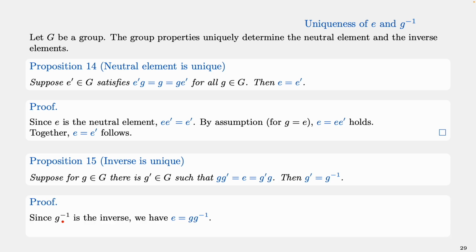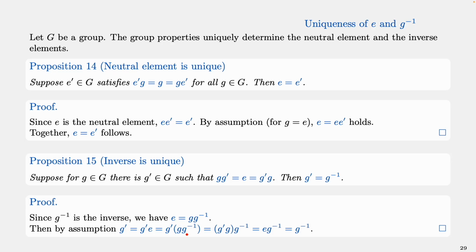And to prove this, we recall that G inverse means that E is equal to G times G inverse. It's just by definition of the inverse element. And now we can write G prime as G prime times the neutral element, by definition of the neutral element. We can write the neutral element like this. So this is G prime times G times G inverse.